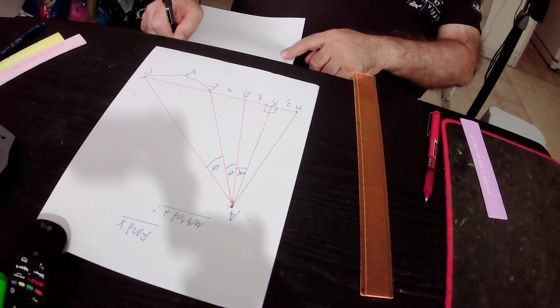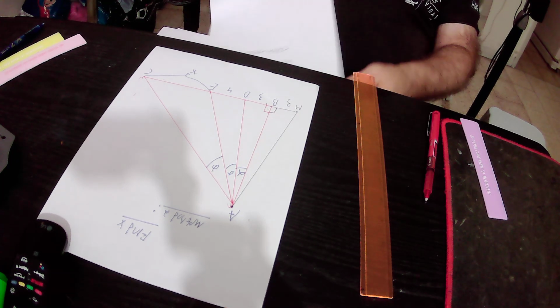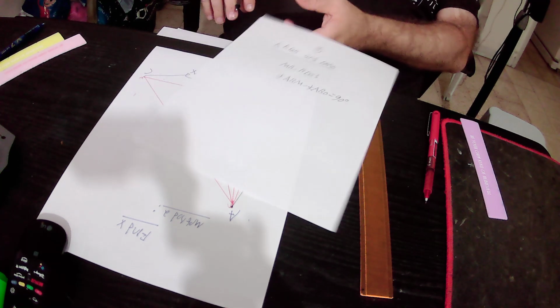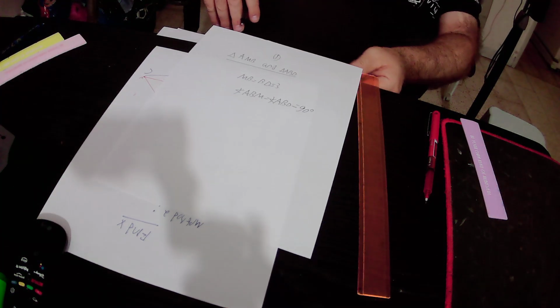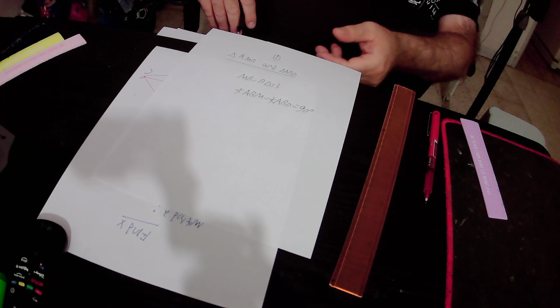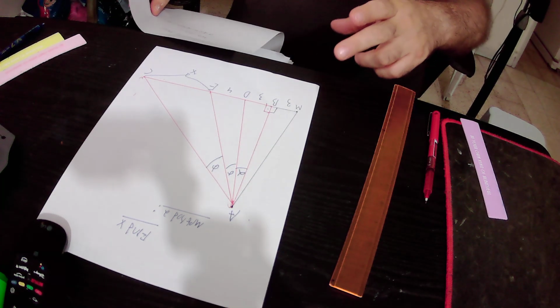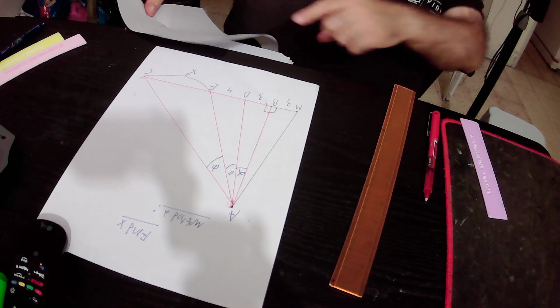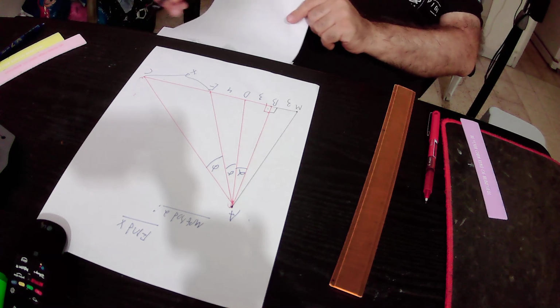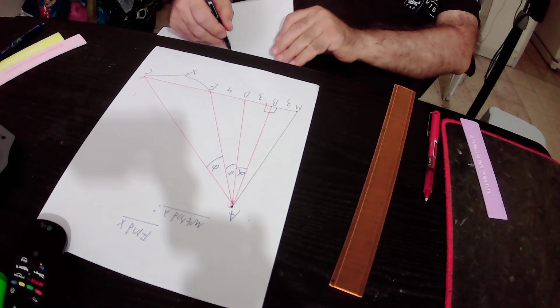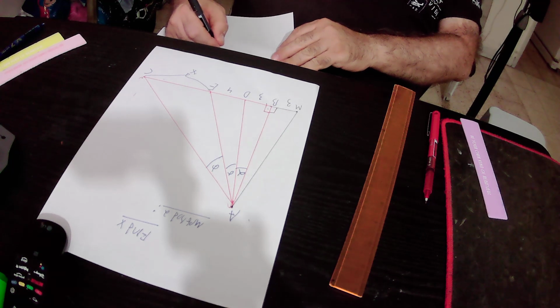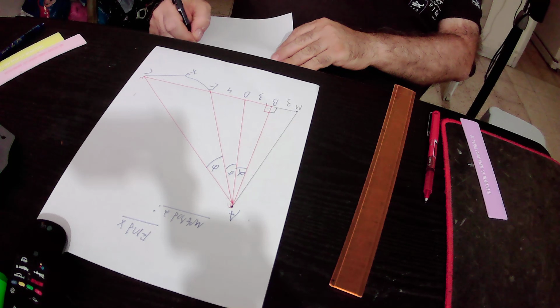They are equal to 90 degrees. And AB is a common side. It belongs to both triangles. So AB equals AB. It is a common side. It belongs to both triangles.